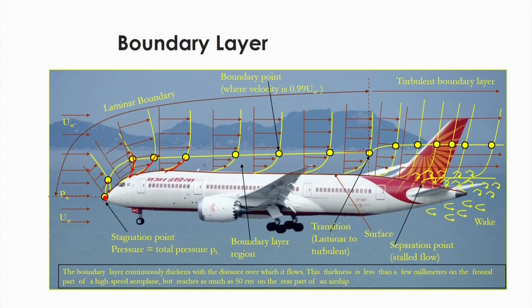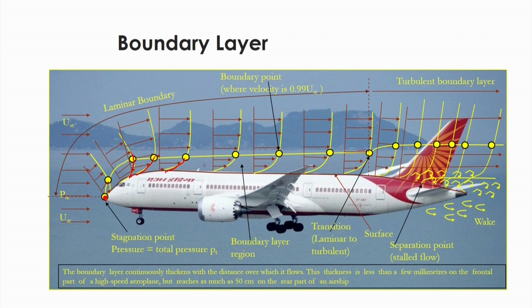The distance between that point and the solid surface, here the surface of the aeroplane, is called the boundary layer thickness. Now, what is the boundary layer?